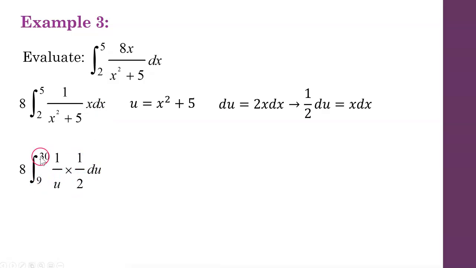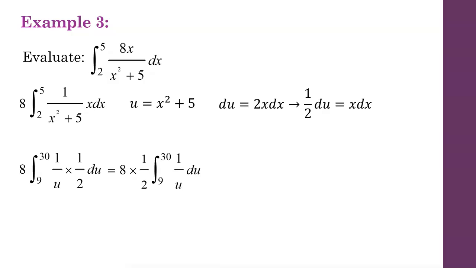And I get my new limits, which are 9 and 30, which is what we got when we plugged in 2 and 5. Replacing x with 2, we got 9. Replacing x with 5, we got 30. And the 8 is still the coefficient here. Next thing I'm going to do is take the 1/2 out, and I get 8 times 1/2. And inside I just have 1 over u du, which is easy enough to integrate.